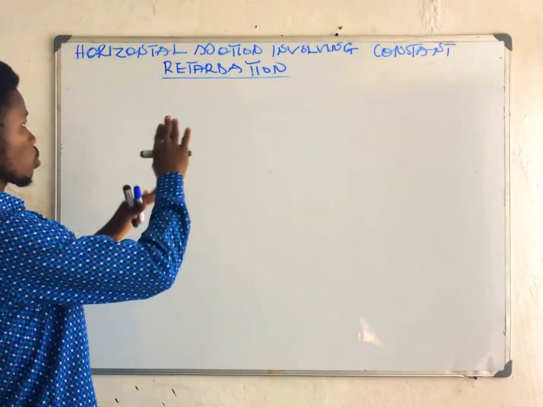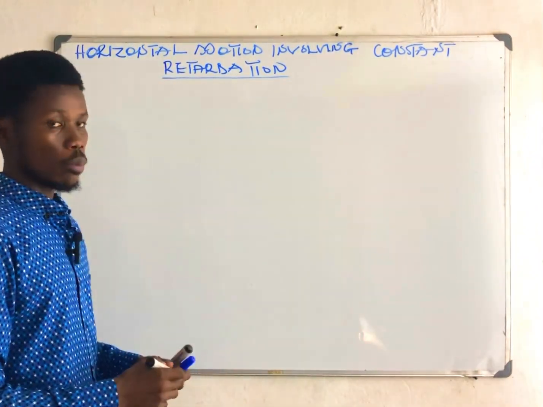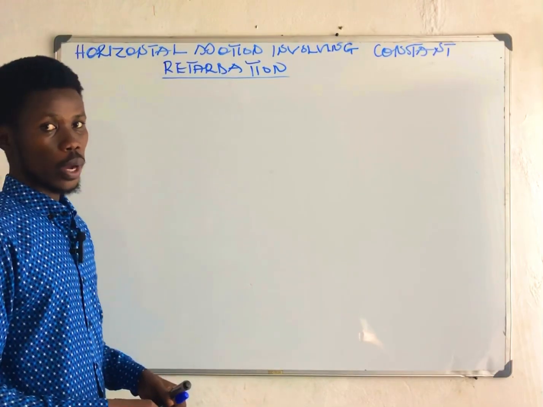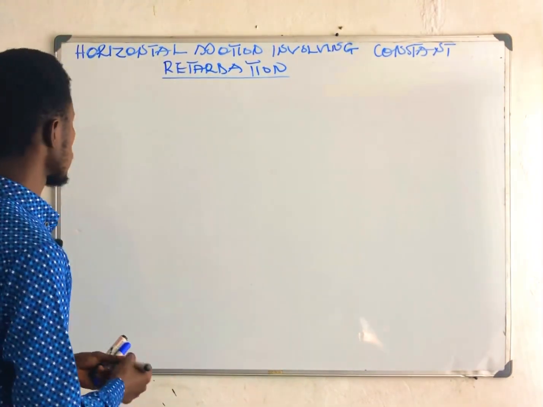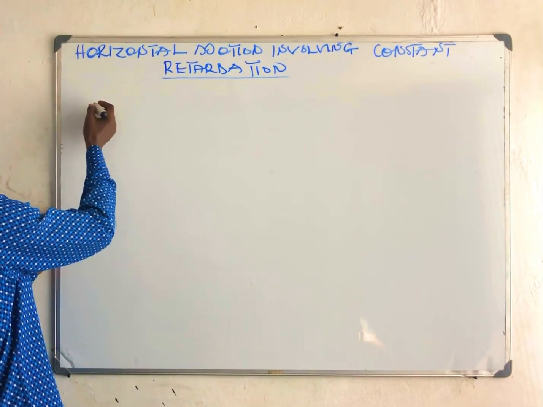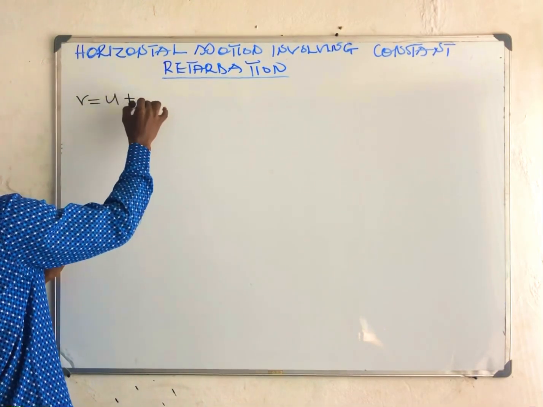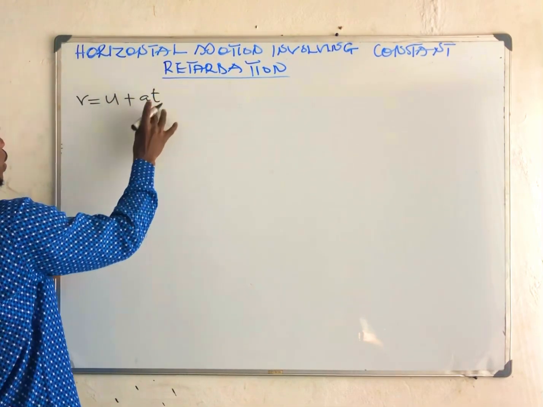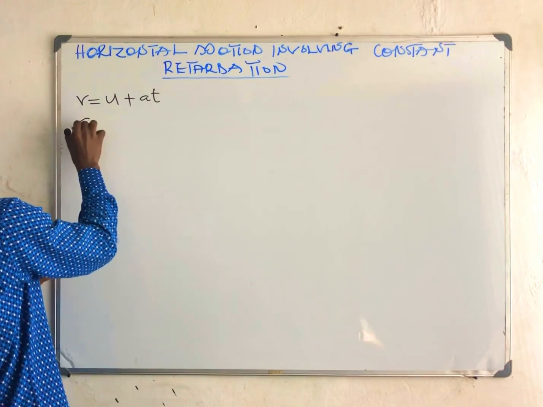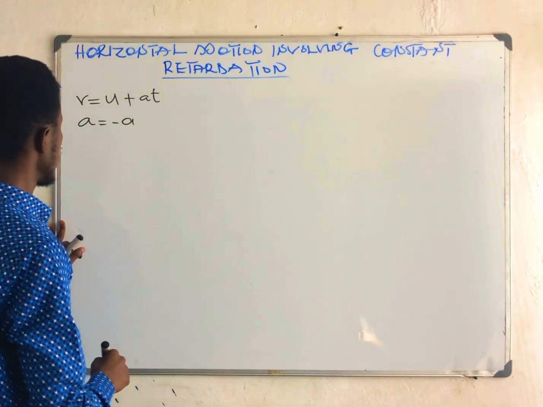Now, this one also involves constant retardation and horizontal motion. The formulas that we use for acceleration are the same here. We have a formula that says V equals U plus at. Now for retardation, acceleration is always negative. Is that okay?